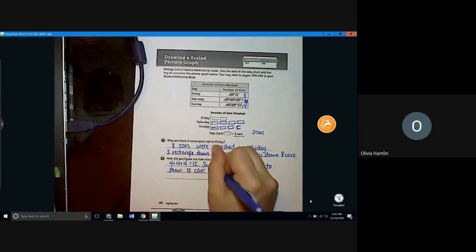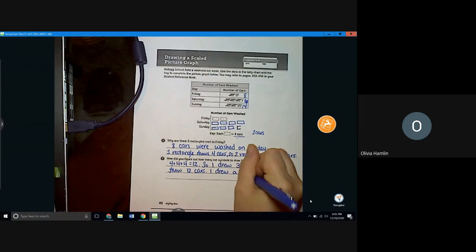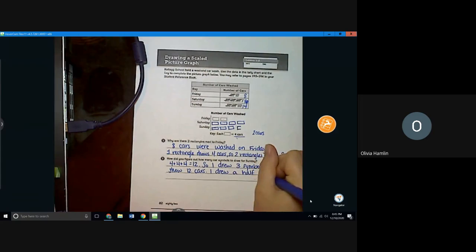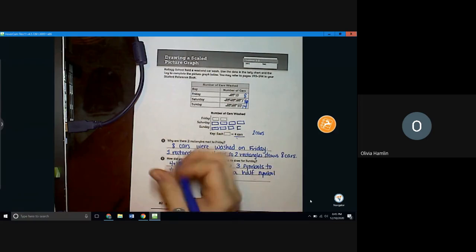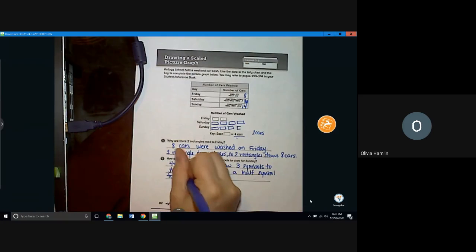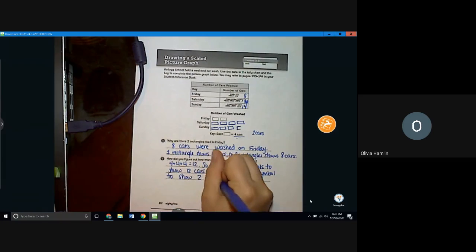Then I drew a half symbol to show 2 more cars.